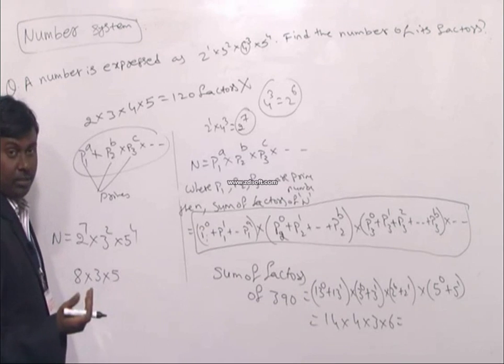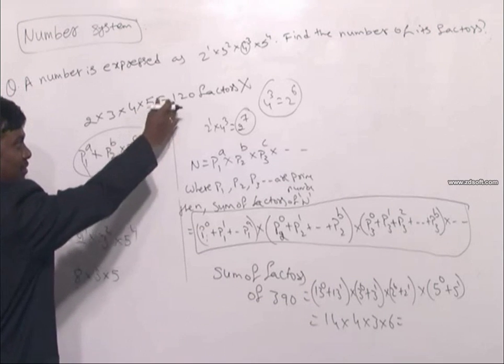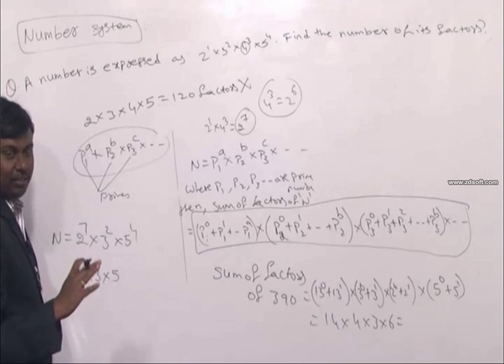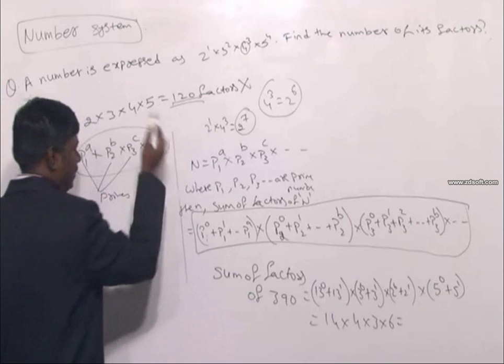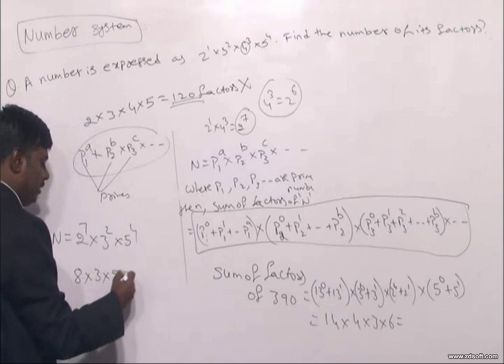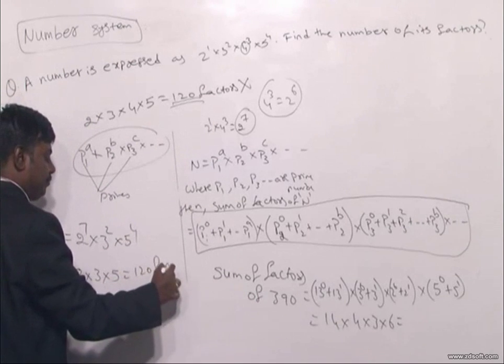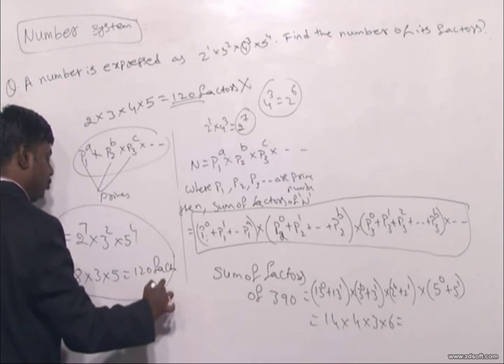Luckily you got the same answer, even if you made a mistake like this, but it usually does not happen, right? The answer is right, but the approach is wrong. This is the correct approach.